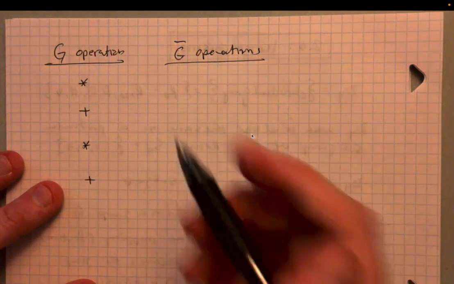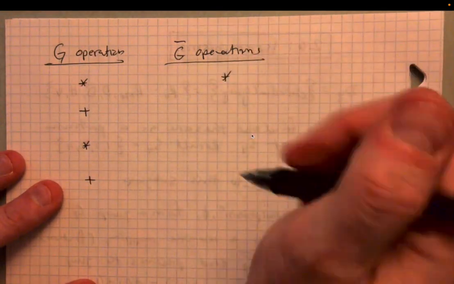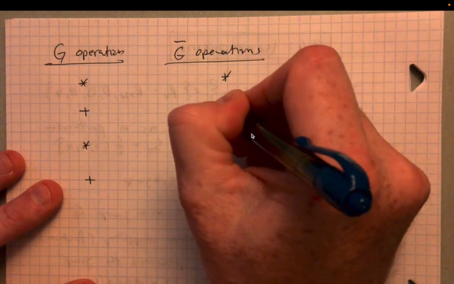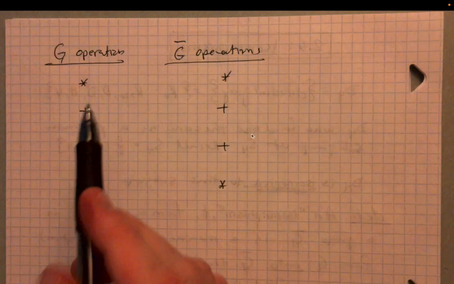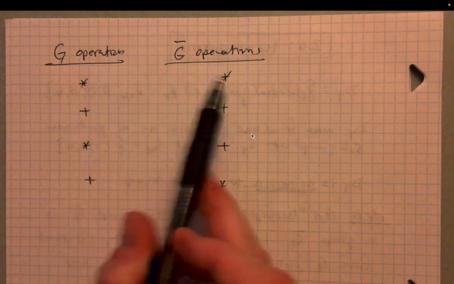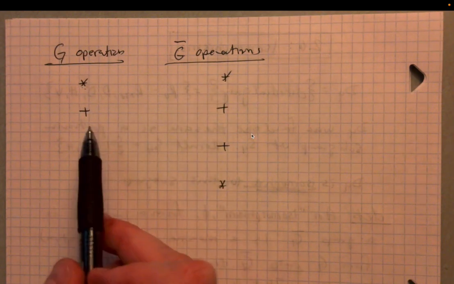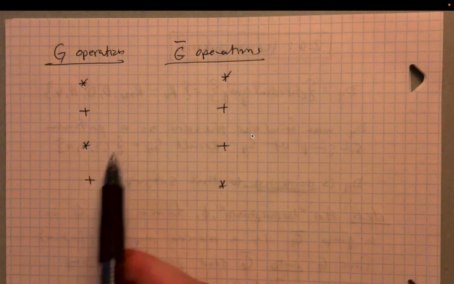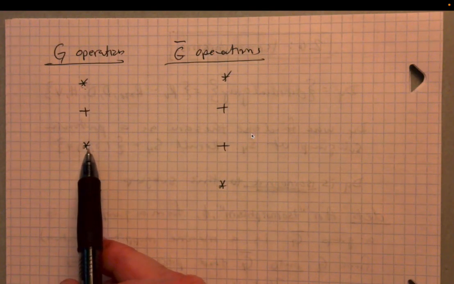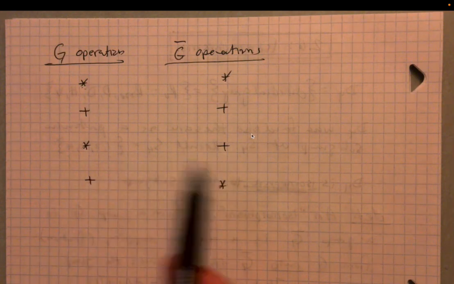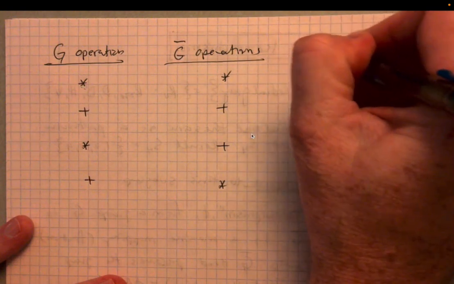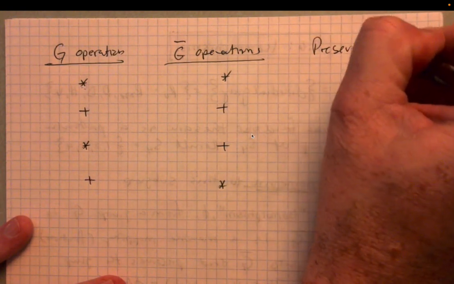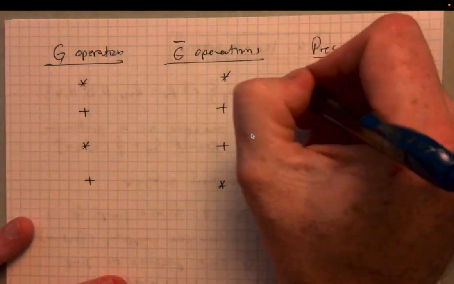Now sometimes when you map G onto G bar, they'll have the same operations, and sometimes they'll have different operations. Your isomorphism could map multiplication onto multiplication, or addition onto addition, or it could map multiplication onto addition, or addition onto multiplication. And so in each case, the preservation is a little different. You just need to be aware of the fact that this can happen.